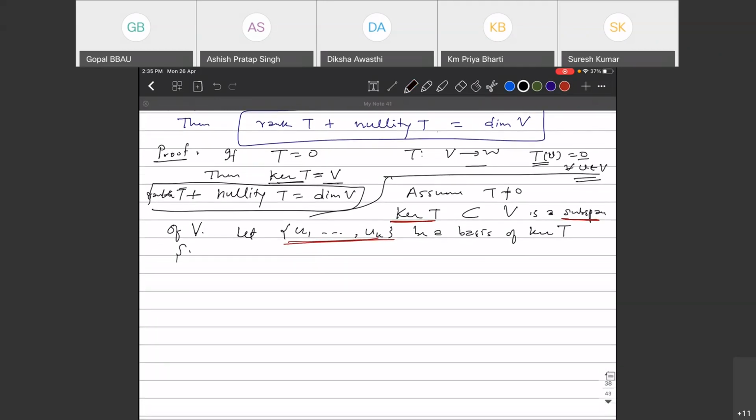So U1, U2, up to UK can be extended as a basis of V. Okay?